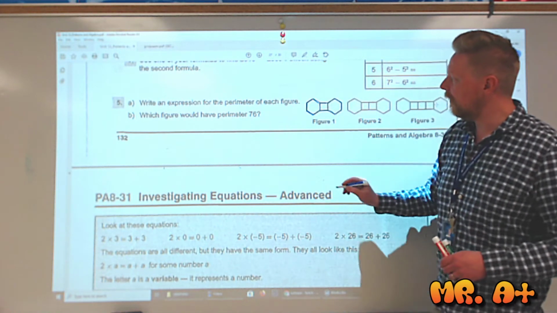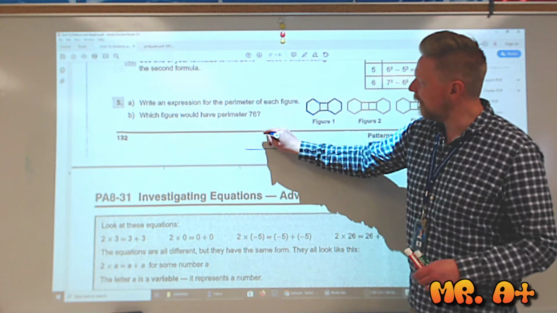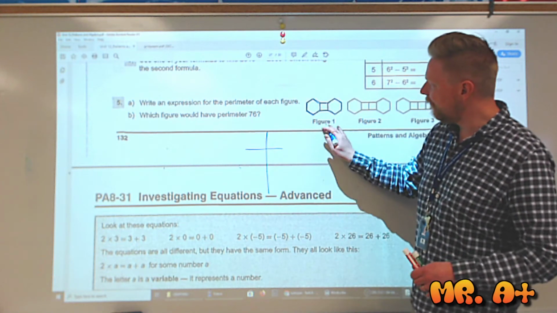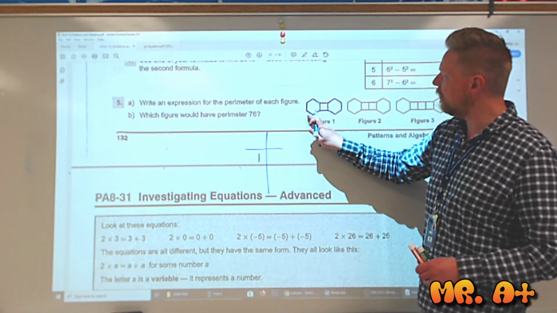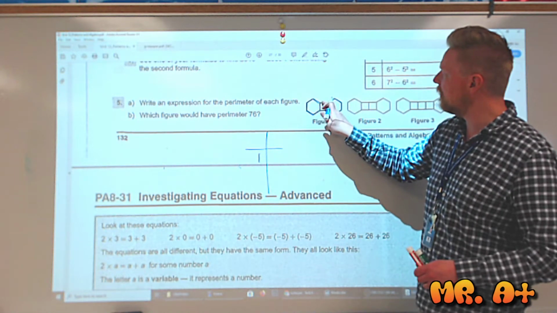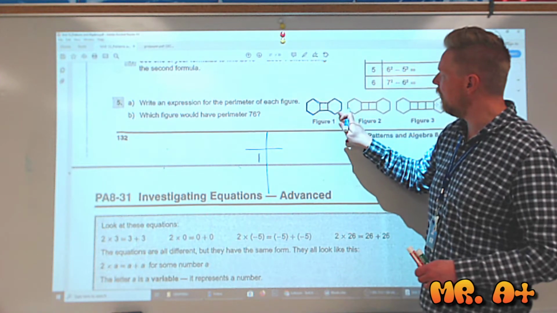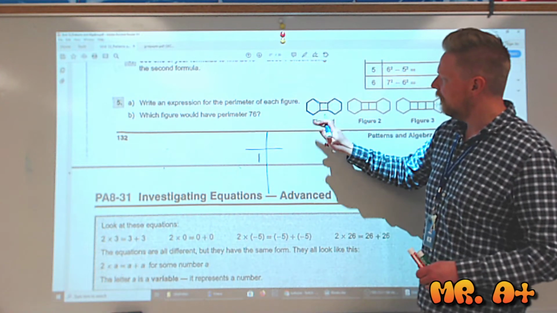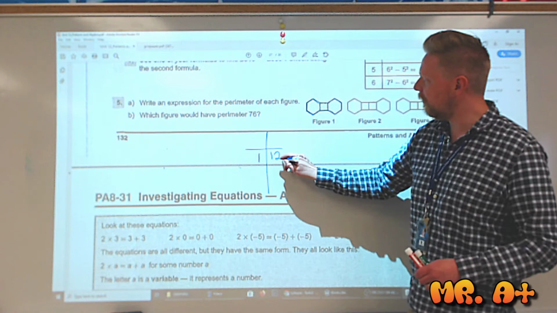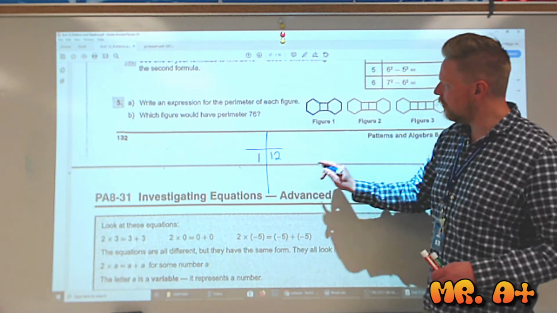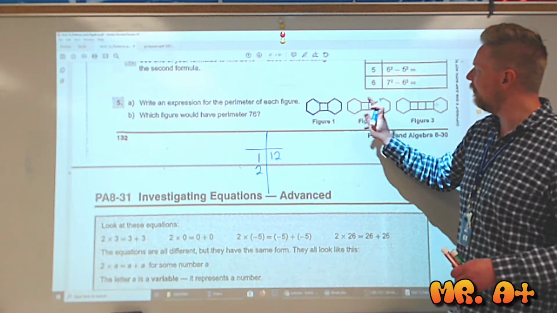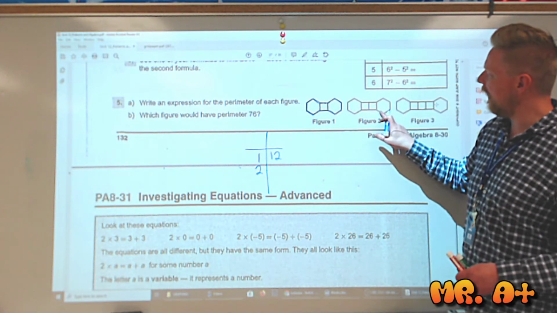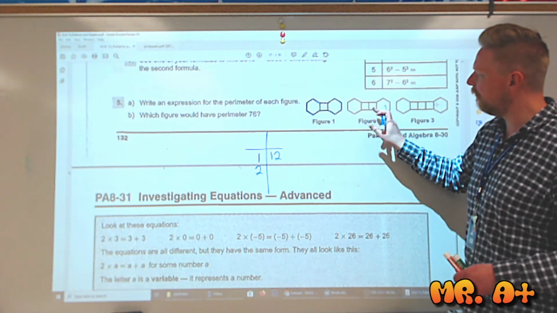Okay? So let's do my T-chart here, my input and my output. In figure 1, the perimeter, the outside edge is 1, 2, 3, 4, 5, 6, 7, 8, 9, 10, 11, 12. Okay, so the perimeter is 12. In figure 2, the perimeter is 5, and 5 more is 10, 11, 12, 13, 14.